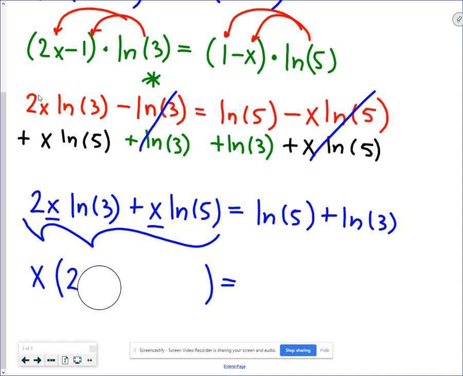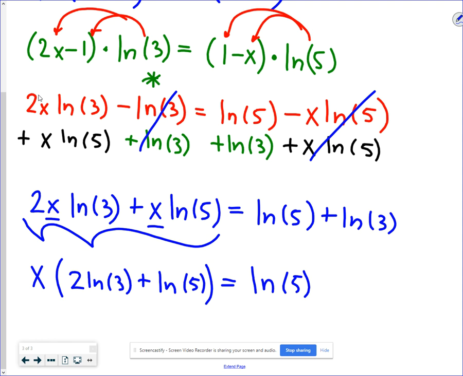Let's rewrite that. 2 natural log of 3 plus natural log of 5. And then that's equal to, well, we just leave this as a natural log of 5 plus a natural log of 3.